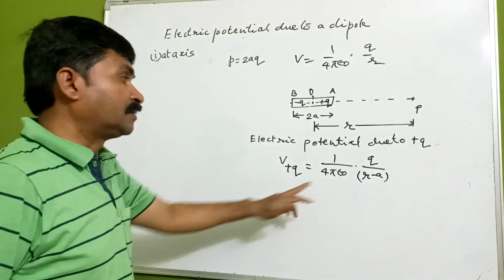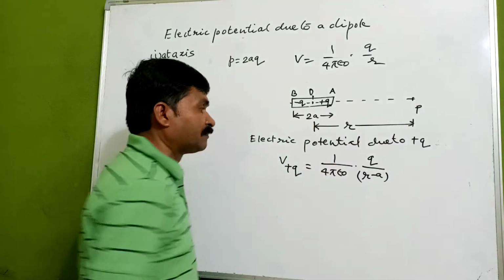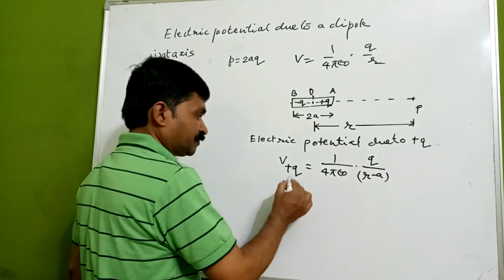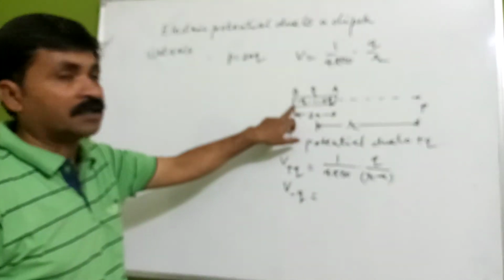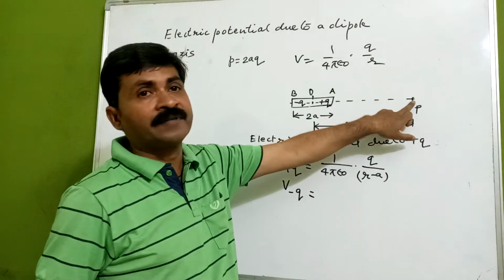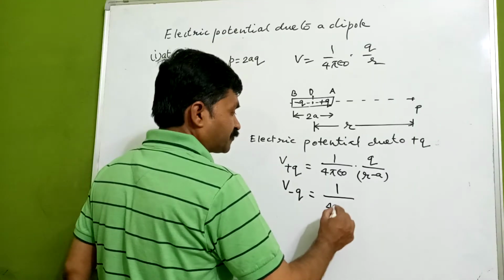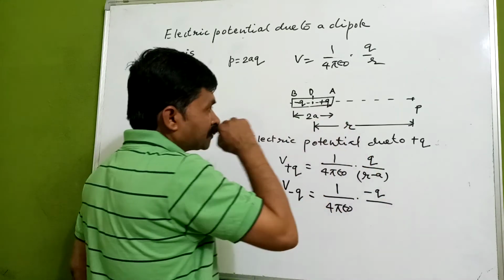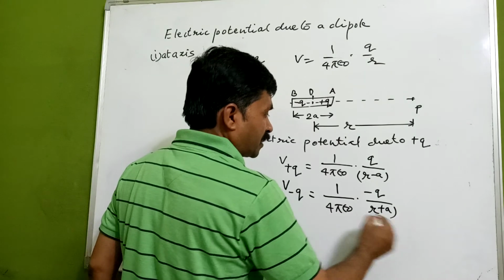Because of the positive charge there will be an electric potential, given by this relationship. Now we have a negative charge here, and because of the negative charge there will also be an electric potential. So 1 upon 4 pi epsilon naught into minus q, and the distance is r plus a.